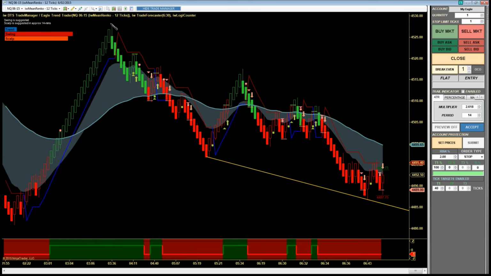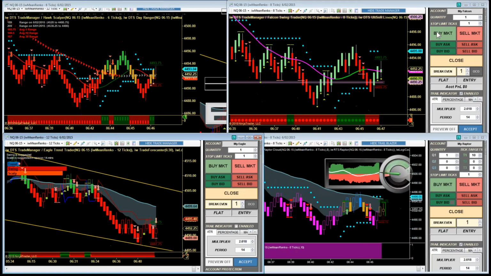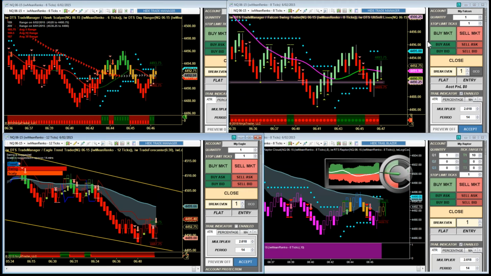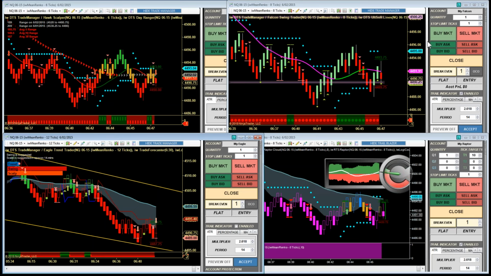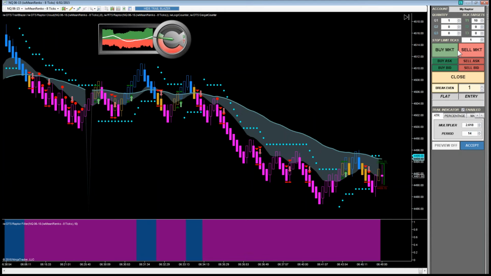All right, we'll shoot a trend line there, and we'll throw another trend line up here just for kicks. Almost have a double pullback in our Raptor.